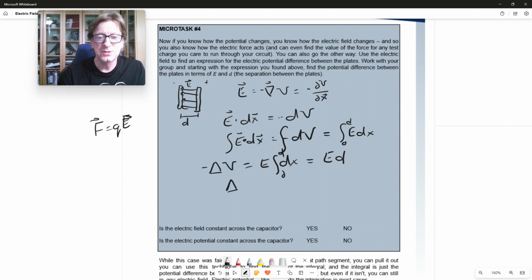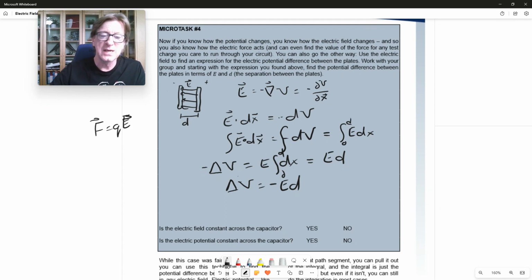So my potential difference then is just negative E times d. And that's really handy. So if I want to know what the voltage is between here, remember the voltage is the potential difference between this plate and this plate. It's just minus the electric field times d. So once you draw those field lines, you get the potential difference.